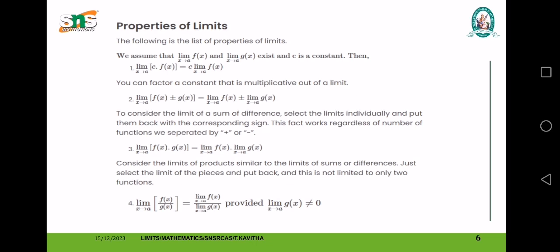Just take the limit of the pieces and put them back, and this is not limited to only two functions. Fourth one, the division rule: limit x tends to a f of x by g of x is equal to limit x tends to a f of x divided by limit x tends to a g of x, provided limit x tends to a g of x is not equal to 0.